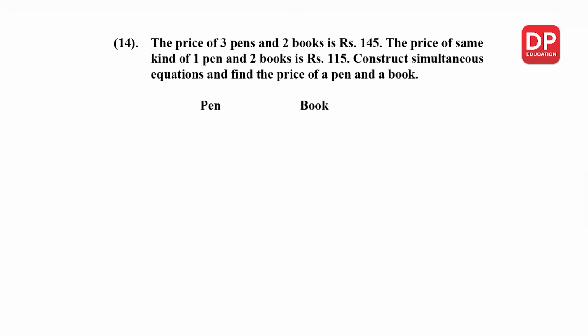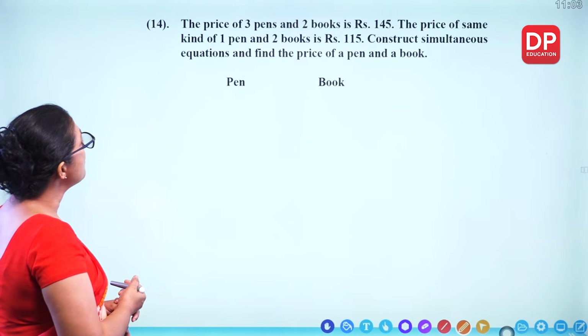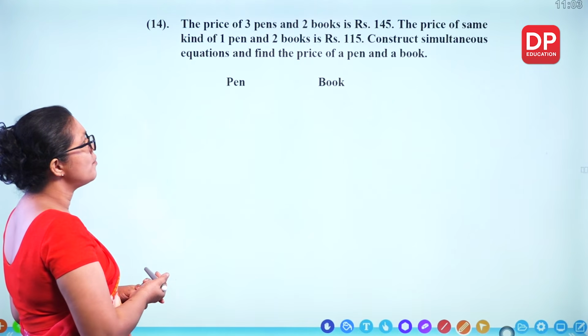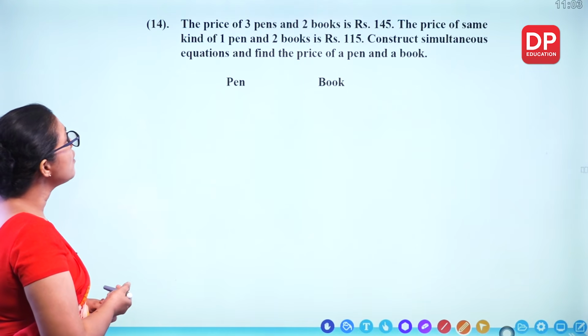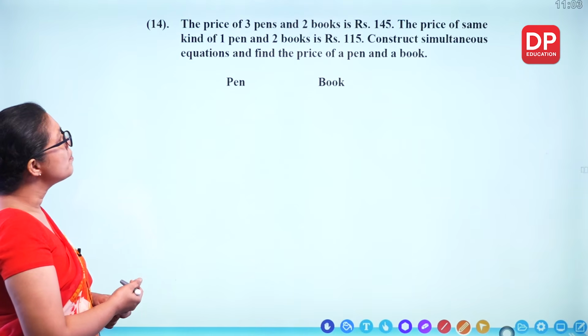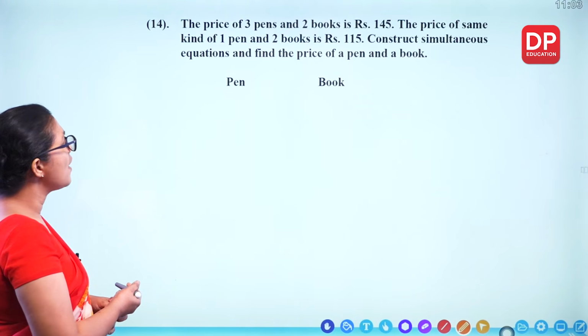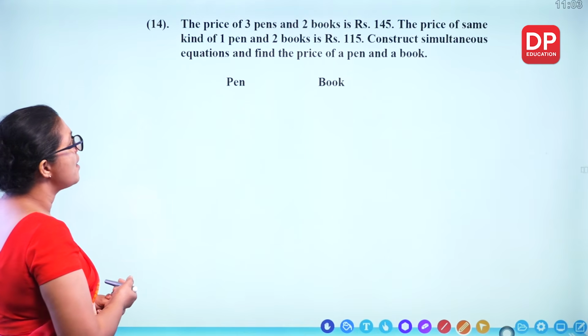This one, another worded problem. The price of 3 pens and 2 books is 145 rupees. The price of the same kind of 1 pen and 2 books is 115. Construct simultaneous equations and find the price of a pen and a book.